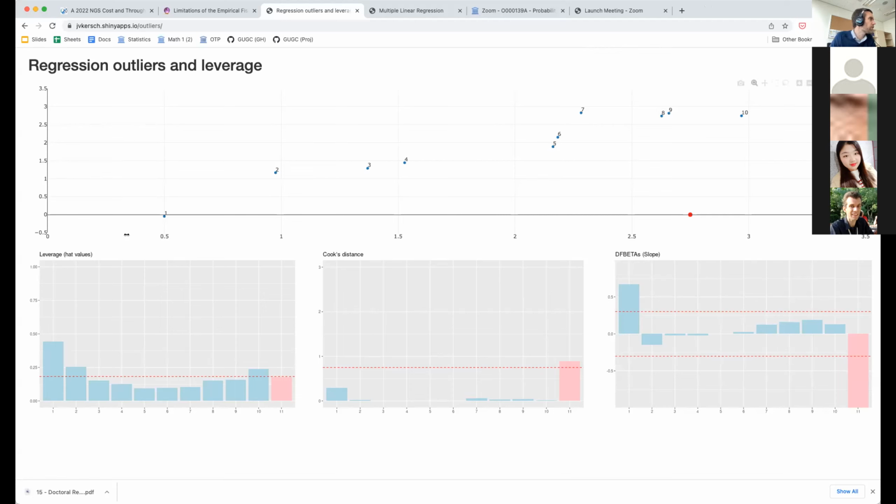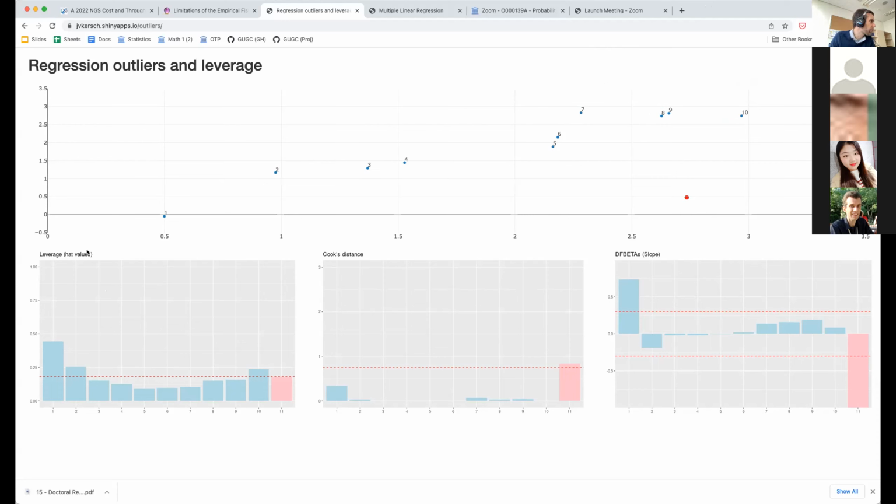But what do we have here? Well, on the top plot, we have a scatter plot of 10 data points, each with a label. And then we have that red point that I'm dragging around now. That is going to play the role of our outlier. And on the bottom, we have 3 diagnostic plots.